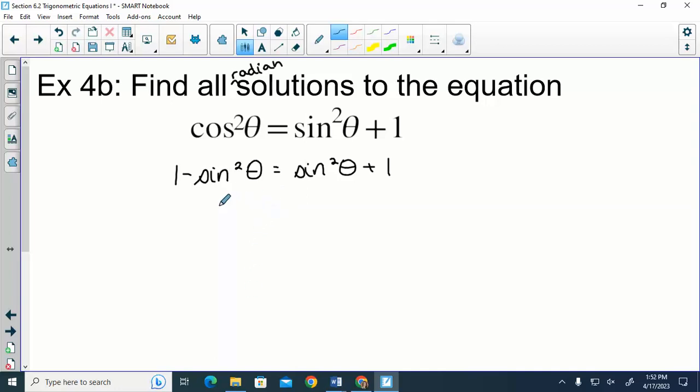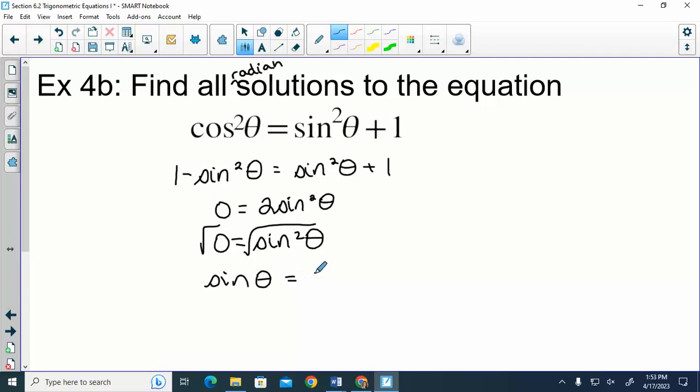They're on the same side. So if I add over my sine squared, that gives me a 2 sine squared theta. If I subtract my 1, those cancel. Divide by 2, I get sine squared theta equals 0. Get rid of the square. We square root plus and minus, but that's just 0.